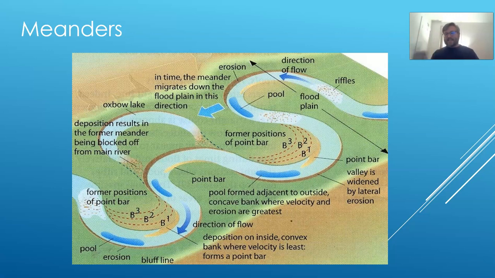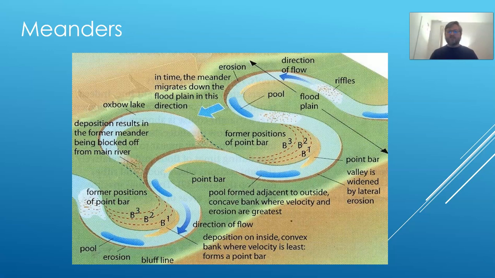It often zigzags back and forth, and it makes these rounded loops as it goes. We call these loops meanders. And rivers are constantly forming and eliminating meanders. It's a dynamic process. It's changing all the time because of erosion and deposition.